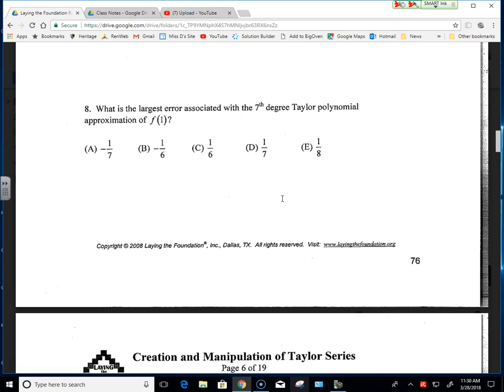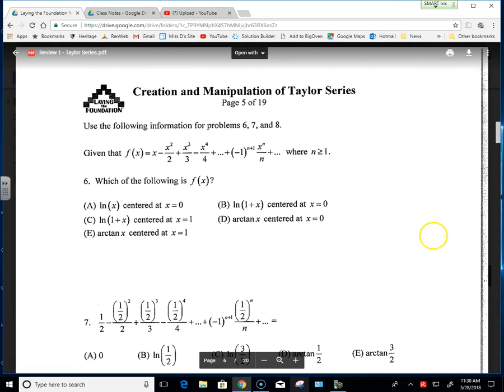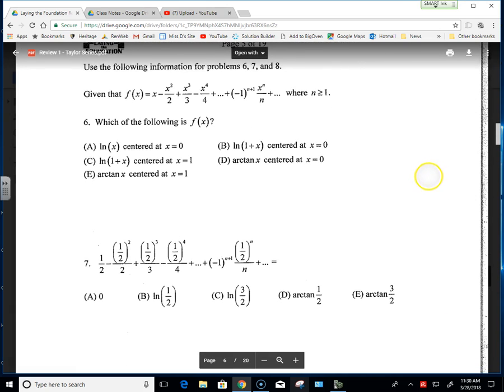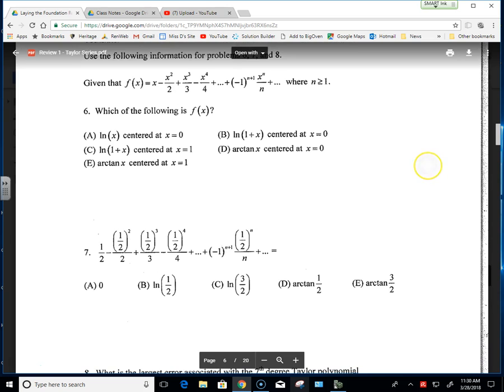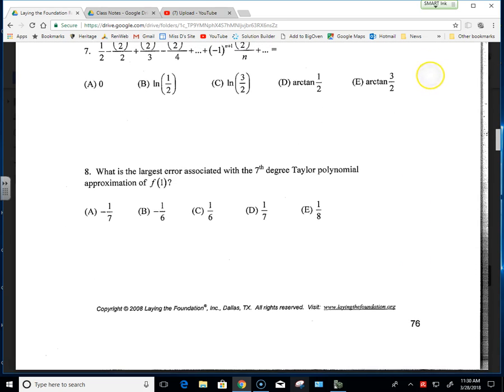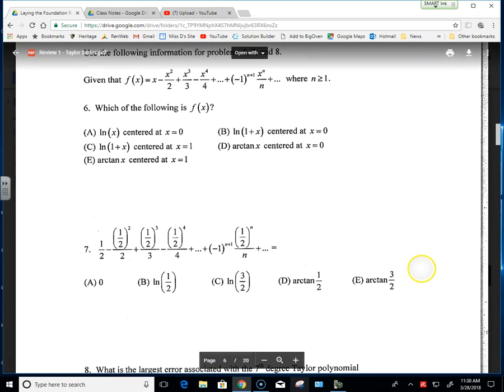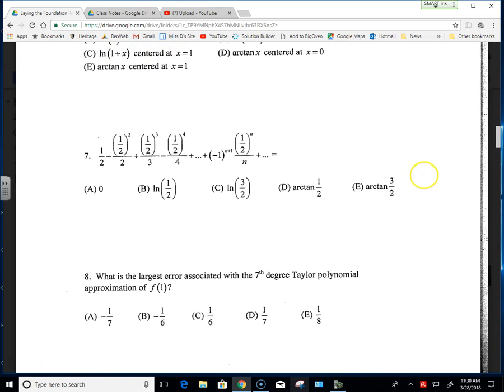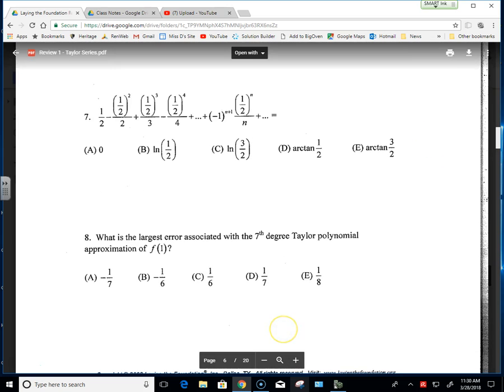Oh, is this built on some other question? It's bound to be, right? Okay, so the 7th degree is what's being used to approximate. Let me zoom out just a little bit so I can look at the same time.